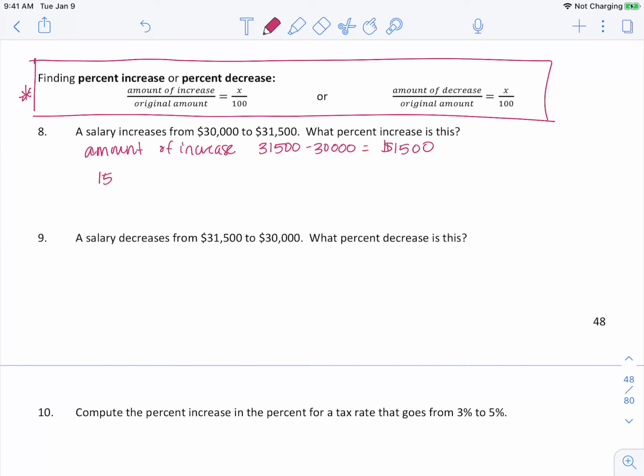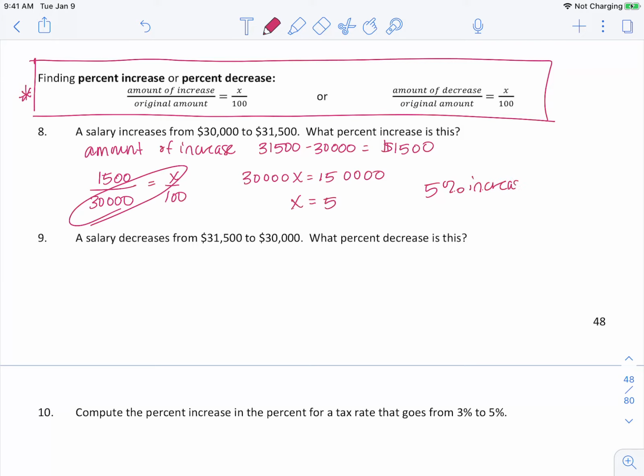So I take 1,500 divided by 30,000 equals x over 100. We cross multiply. We have 30,000x equals 150,000. We divide and x equals 5. So this is a 5% increase.